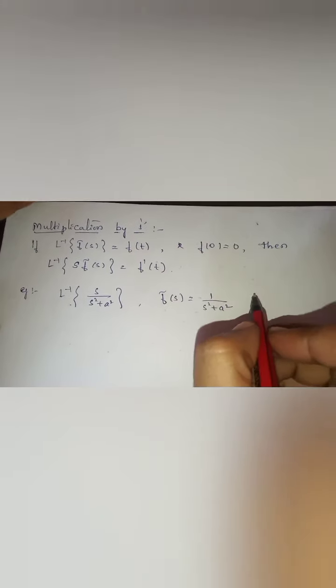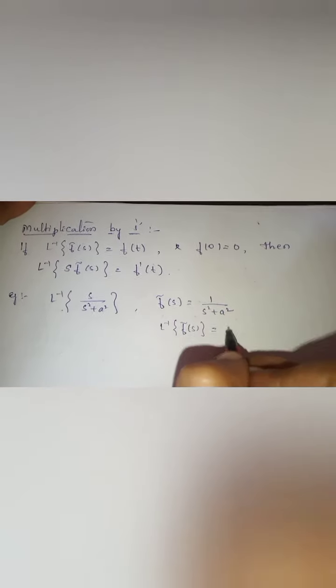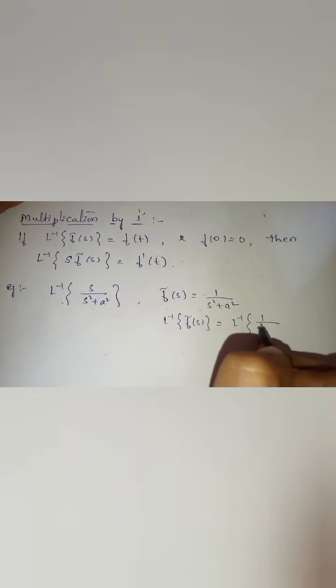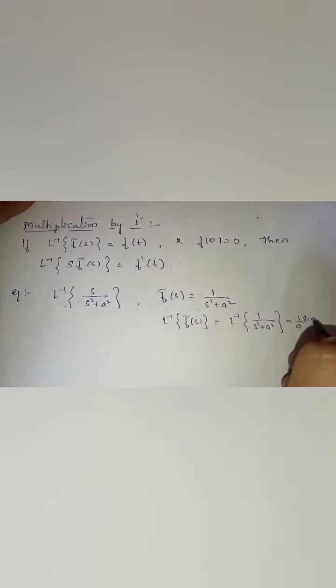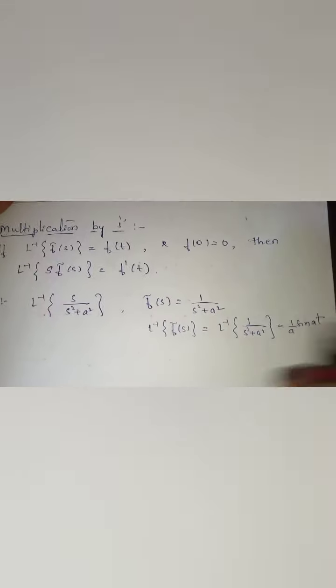So Laplace inverse of f bar of s will be equal to Laplace inverse of 1 by s square plus a square, that is 1 by a sin a t.